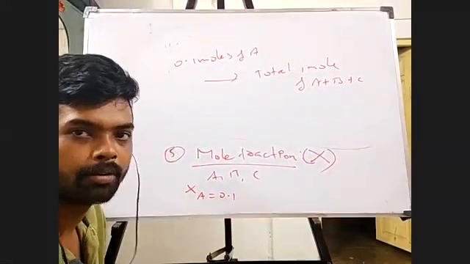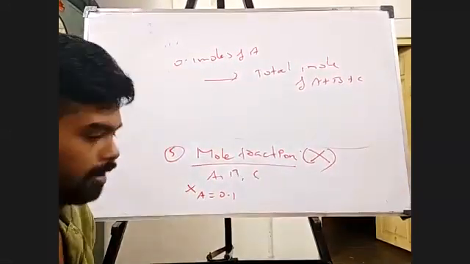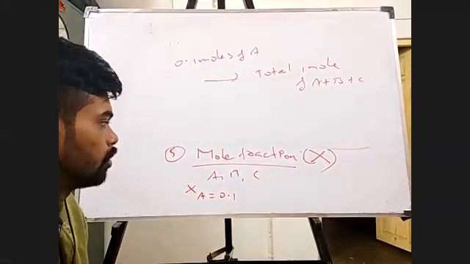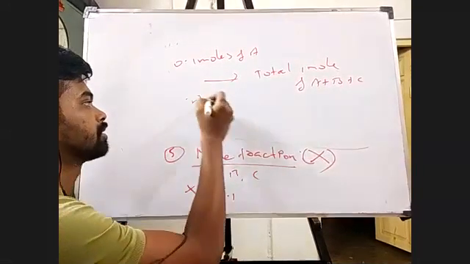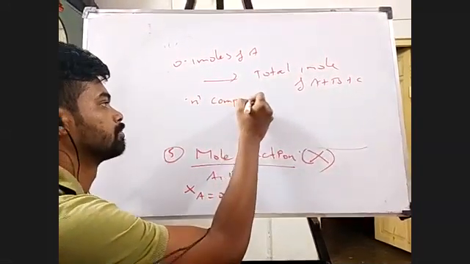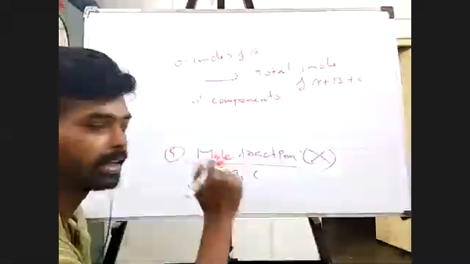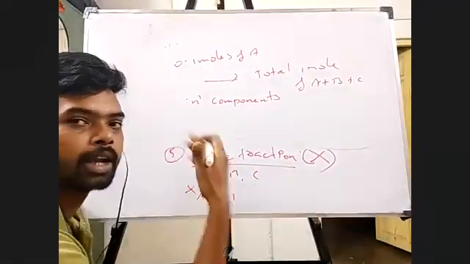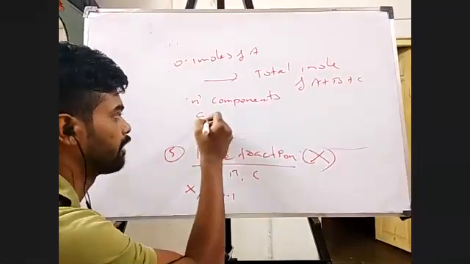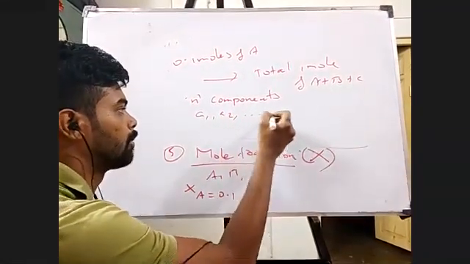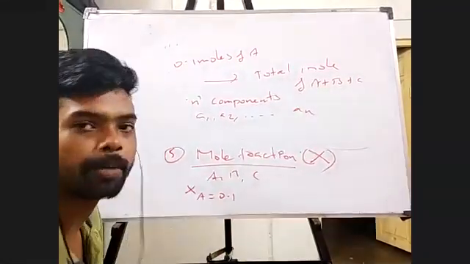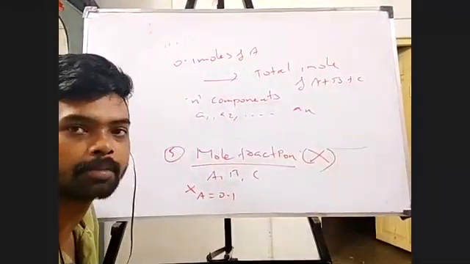Now I'll give you a very good formula. Assume I have n components in a mixture: A1, A2, A3, A4, up to An. These are all the components present in the mixture.